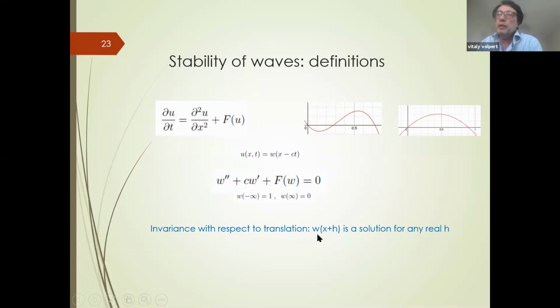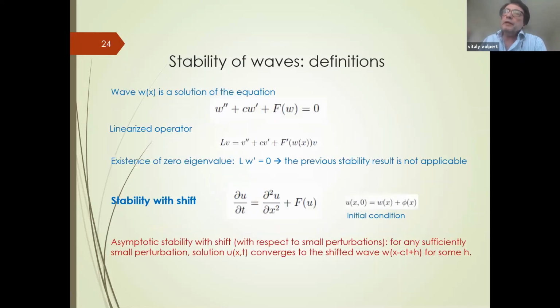This means that not only W(x), but W(x+h) for any h is also a solution of this equation, or of this problem. So in fact, we have not a single solution, but a family of solutions. And here this notion of stability with shift appears.